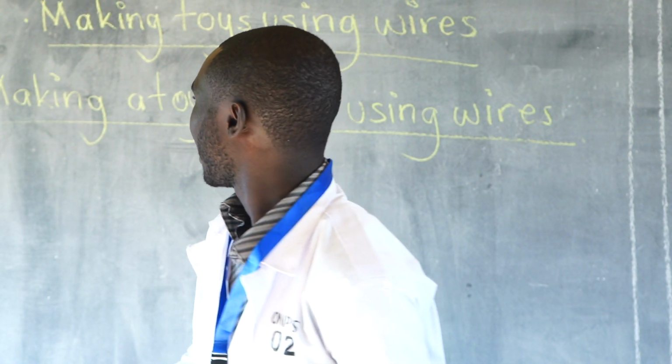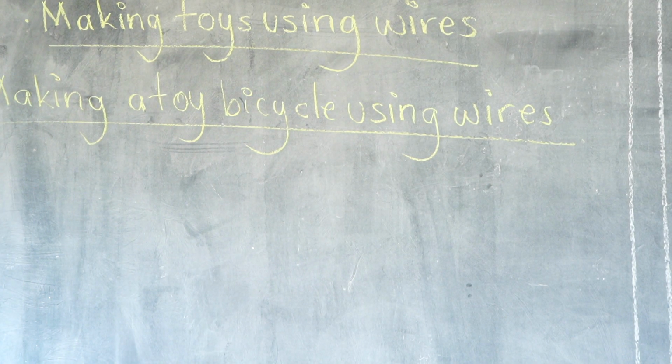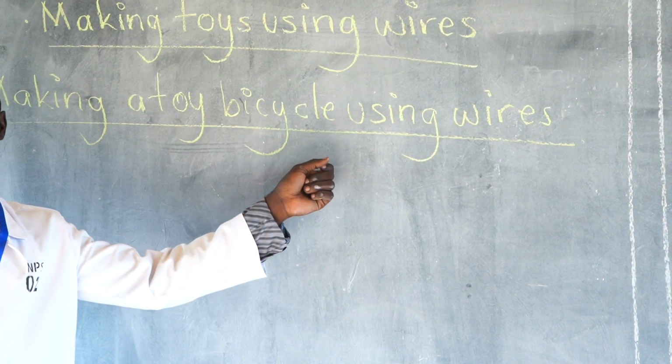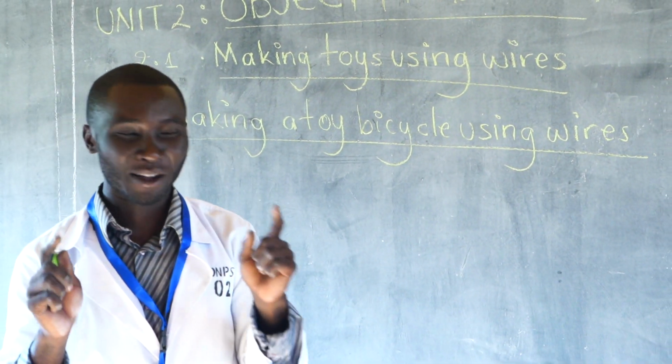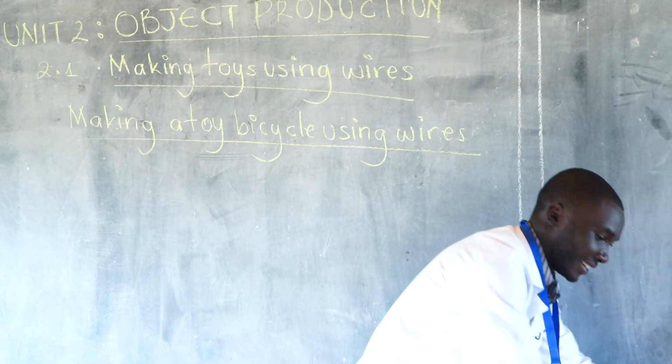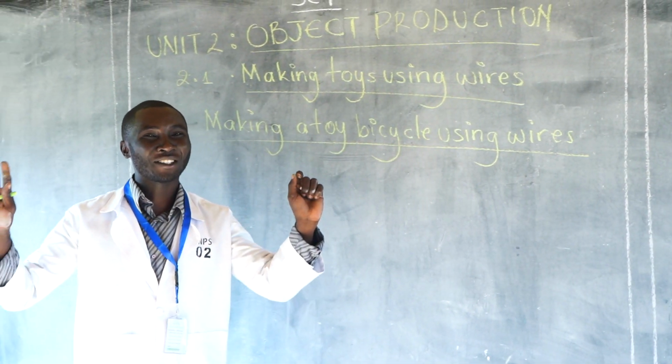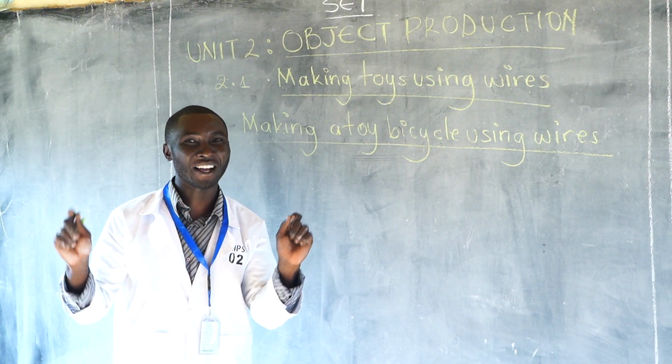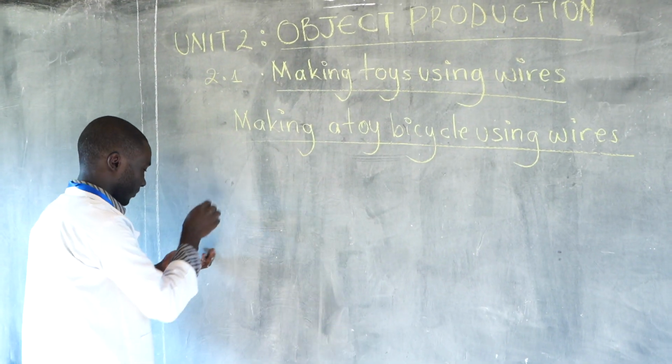Okay. Here, in making a toy bicycle by using wires, we have seen some materials. Yes? I hope that you all remember the materials we have seen. Okay, let's go.